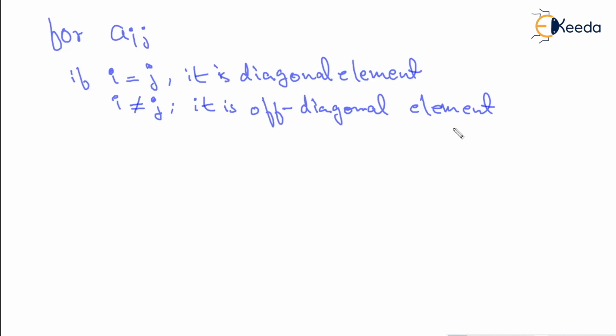So diagonal or off diagonal elements. And overall the size of the matrix was m cross n, so m number of rows and n number of columns.